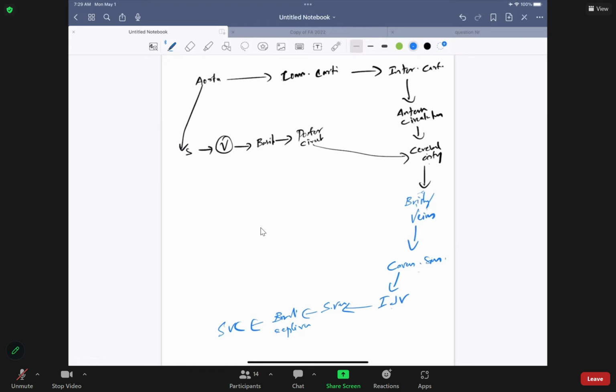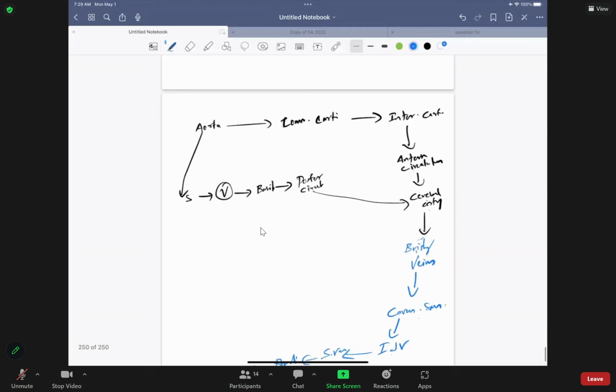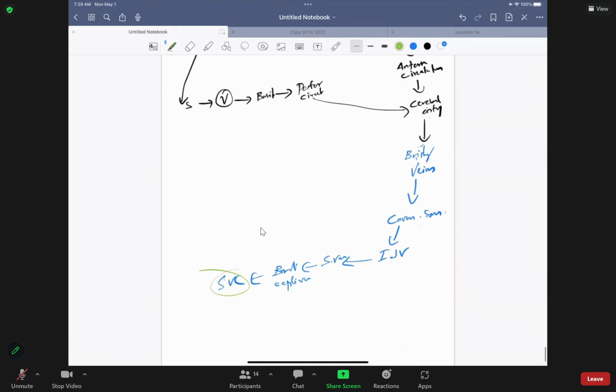Why are only some heads shaking? Please ask me if you are lost here, because otherwise I can't make sense out of it. Everybody clear, folks? Okay. So in another word, if I inject a dye or some contrast material in the aorta, I should see it on my SVC.